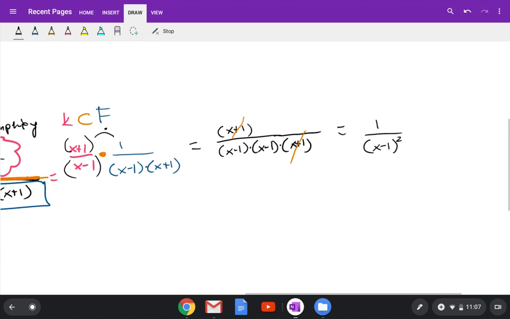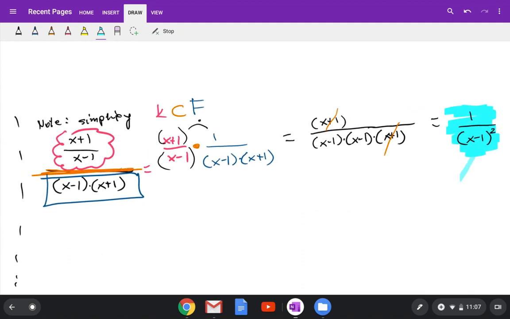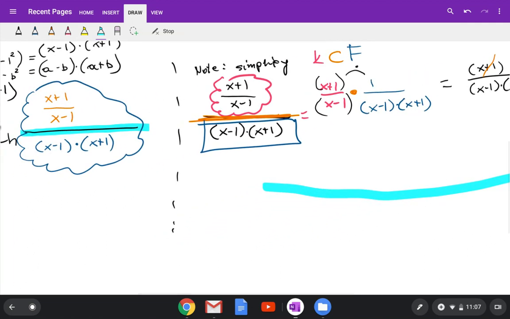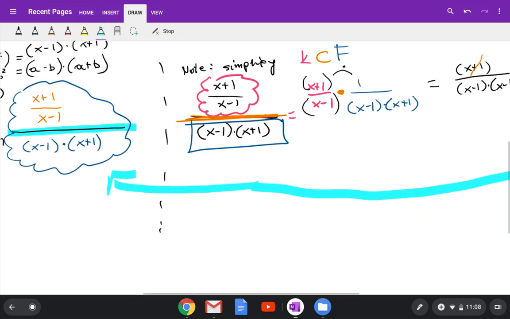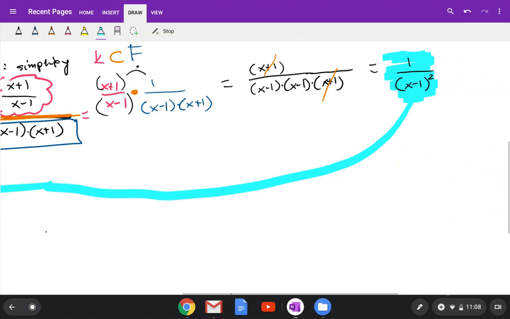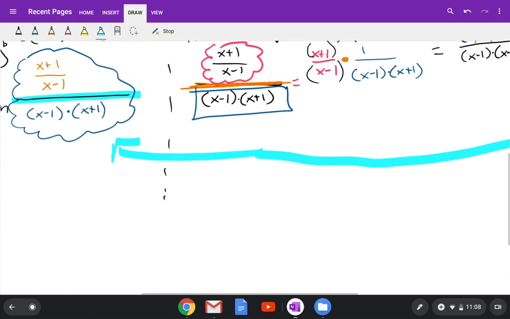So here, that huge expression, we're going to put it back. That (x plus 1) over (x minus 1) over (x minus 1) times (x plus 1) is the same as 1 over (x minus 1) squared.